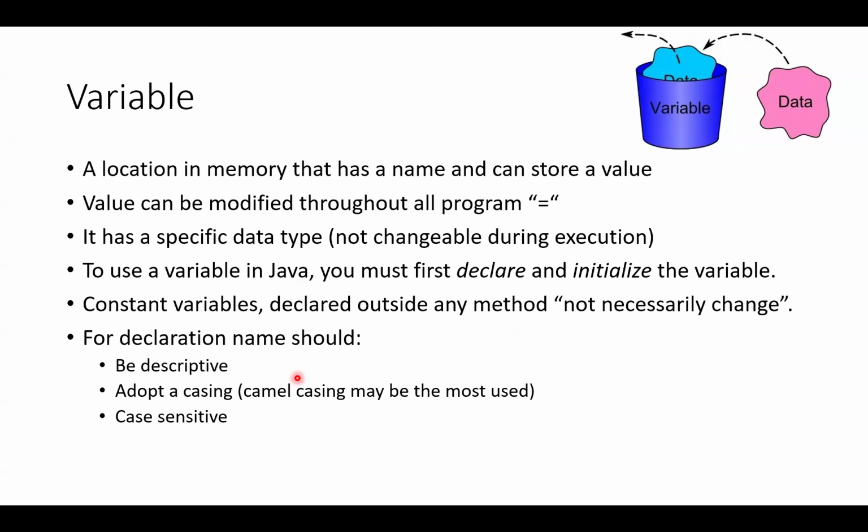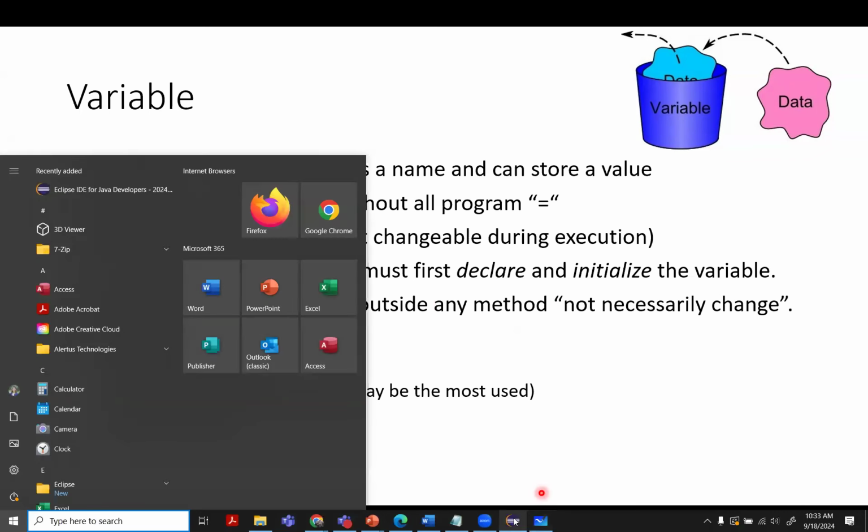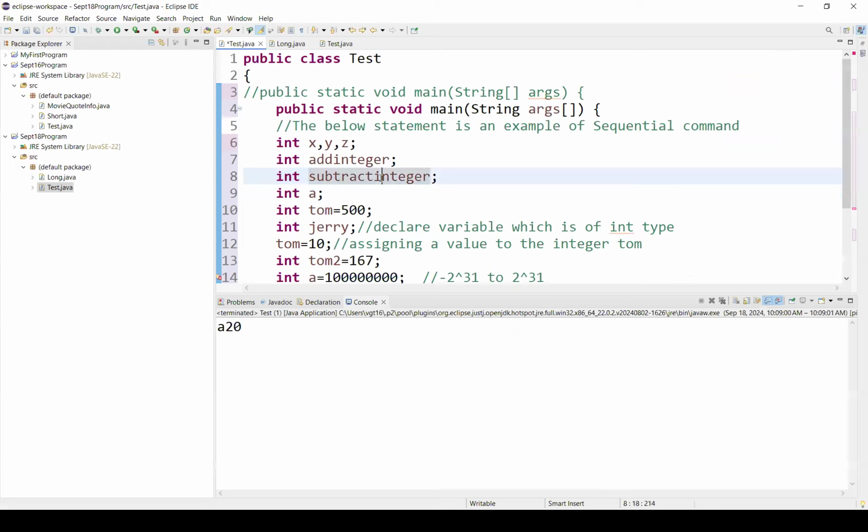Camel casing is adopted. The reason we do camel casing, as I mentioned, is that if you are doing it, then people can differentiate that these are two different words. If I do not use camel case, it's completely fine, it is not mandatory.